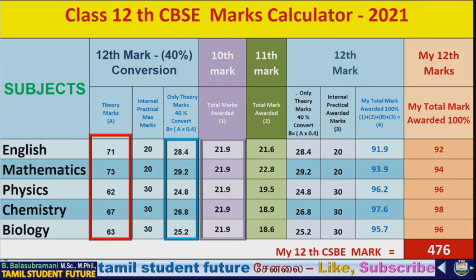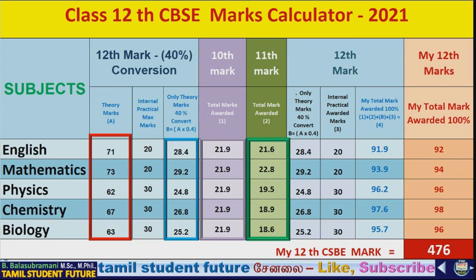Now we already have the 10th mark average 21.9. The 11th marks already taken are 21.6, 22.8, 19.5, 18.9, 18.6, the 30% marks.